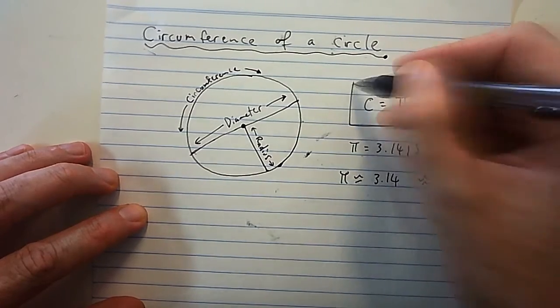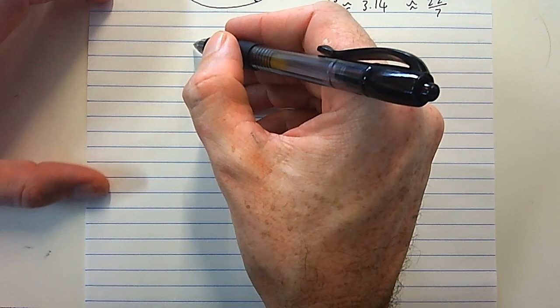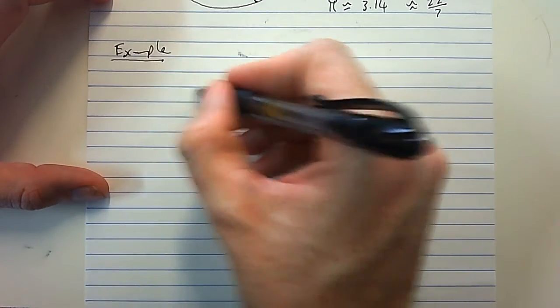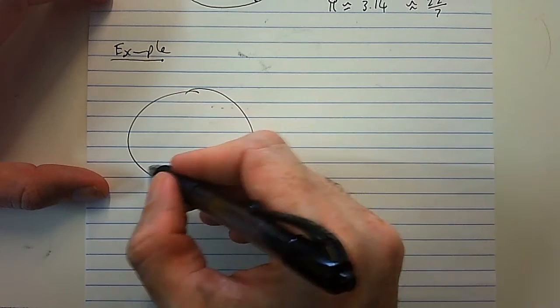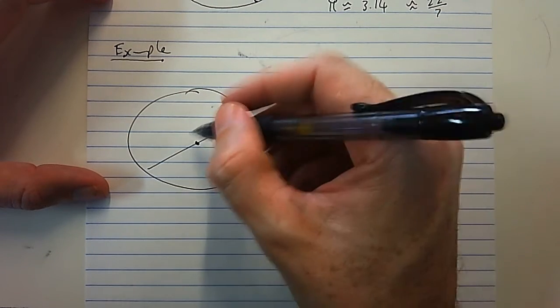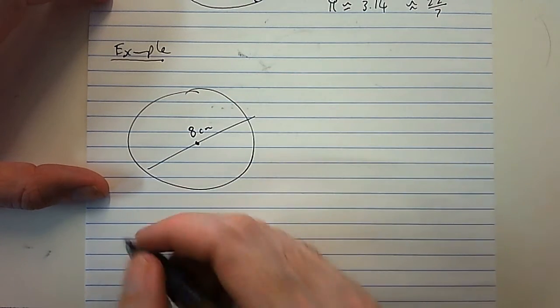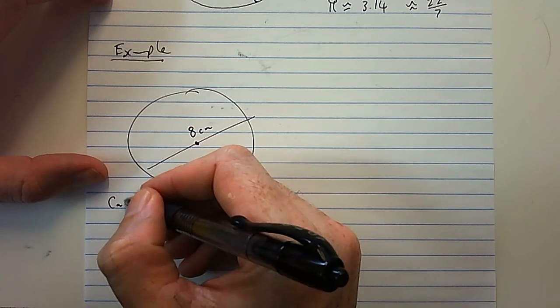Now if I'm going to use this formula to work out some problems, let's just do an example. Here's my circle. Let's make the diameter equal to 8 centimeters, and I might say calculate the circumference.